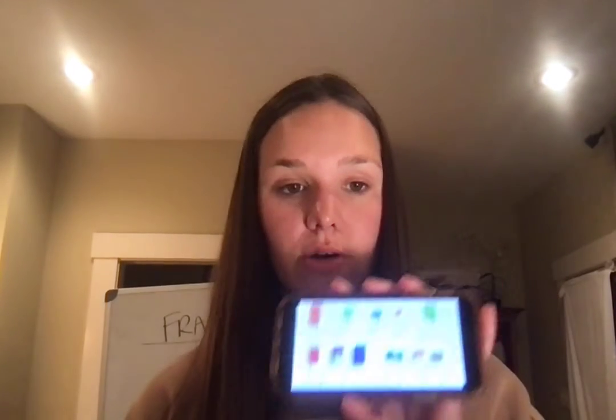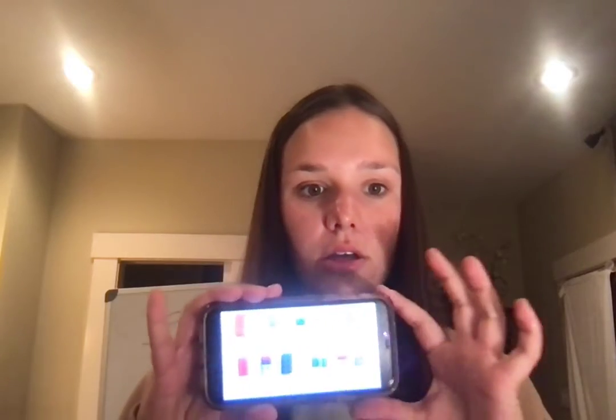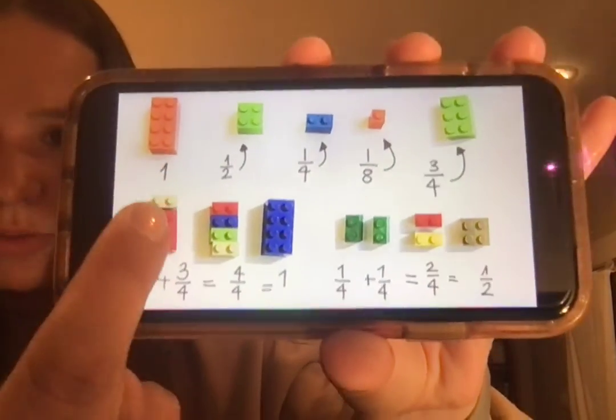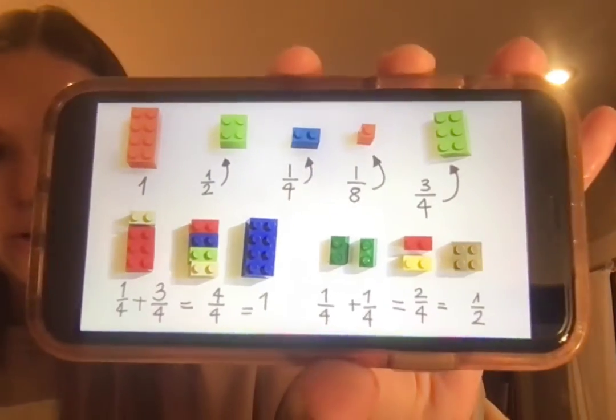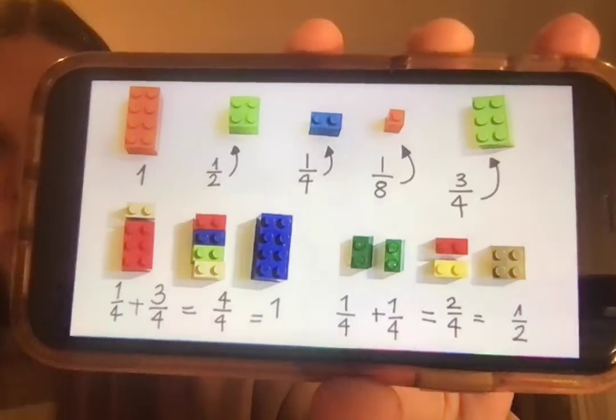So let's look at one last example. Maybe some of you guys have played with Legos before. I don't have any Legos here, but I do have some I could show you on my phone, okay? So, for example, this orange one is 1 whole. You've probably played with those pieces before. They're one of the most common ones.